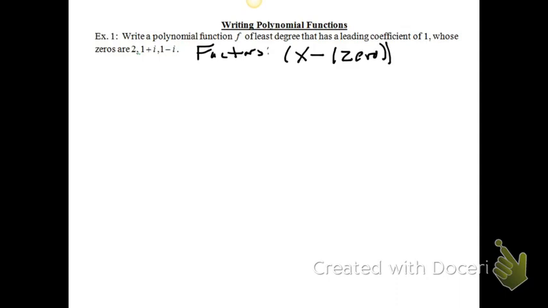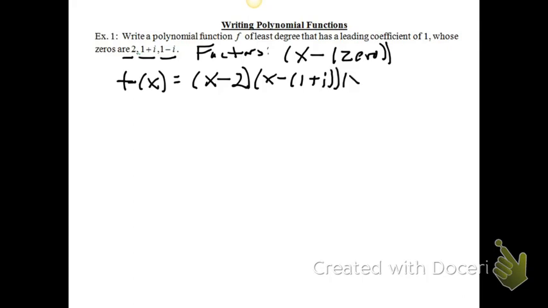So when I have the zeros 2, 1 plus i, and 1 minus i, I know that if I were to factor f of x, it would look like this. It would be x minus 2, x minus (1 plus i), and x minus (1 minus i).